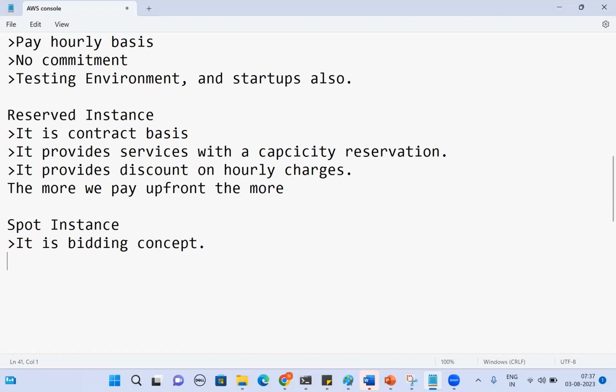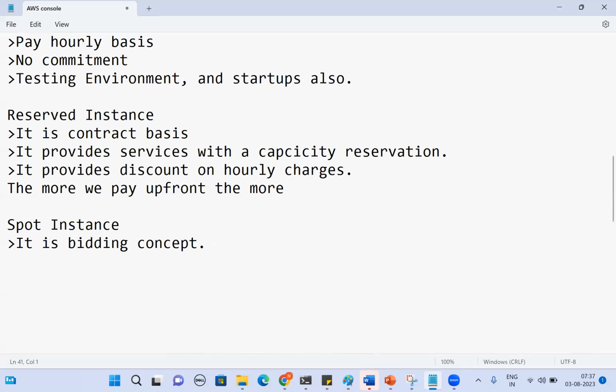What it means is, suppose I am one user, and I say that I will pay, let's say, $10 for specific configurations, and I set this bid. In the same fashion, another person for the same configuration is going to pay, let's say, $15.